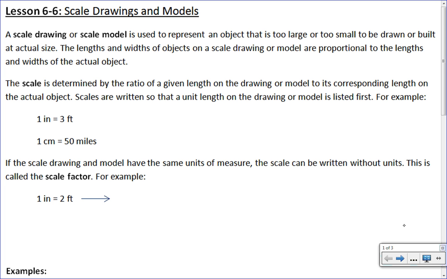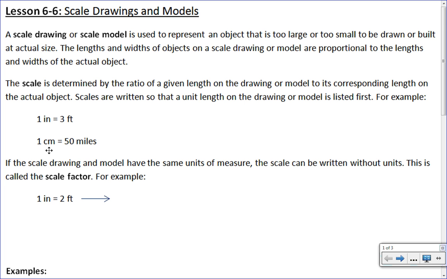Scales are written so that a unit length on the drawing or model is listed first. For example, you could have a scale of 1 inch equals 3 feet. This would tell you that 1 inch in the drawing or model is equal to a distance of 3 feet on the actual object.